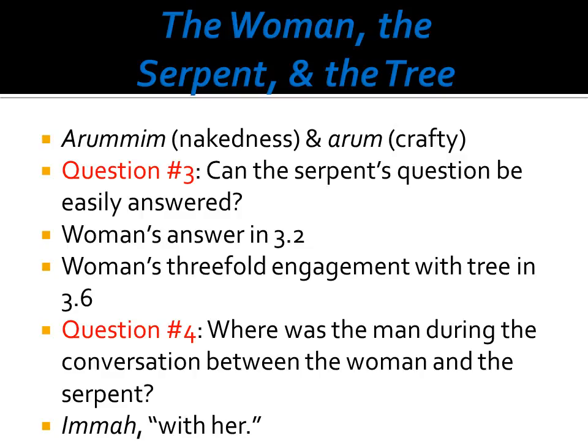On the other hand, you could understand it as: she also gave some to her husband, and he ate along with her. This latter understanding implies that the husband was only with her during the eating, and as such wouldn't have been able to intervene during the conversation between the woman and the serpent.